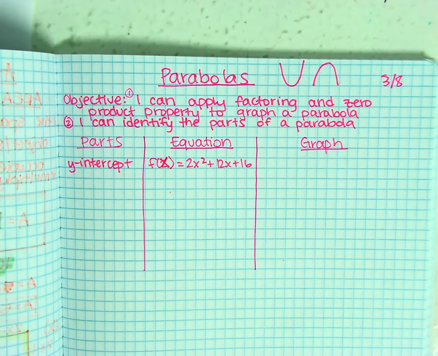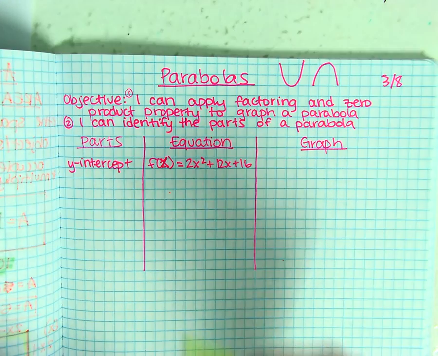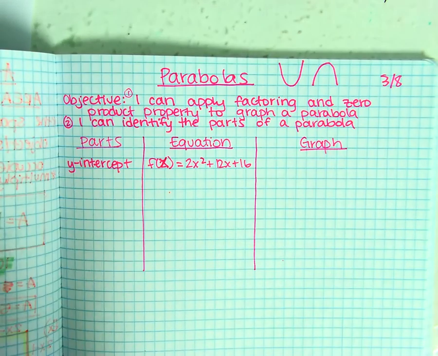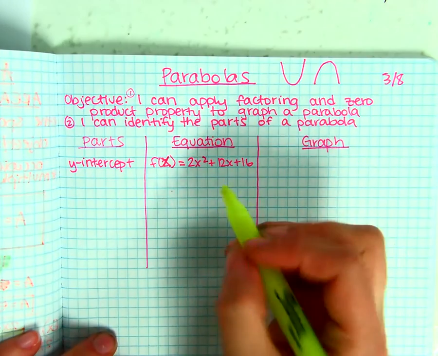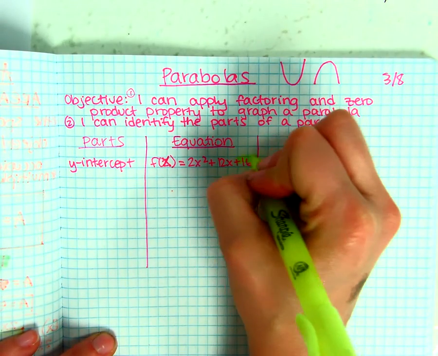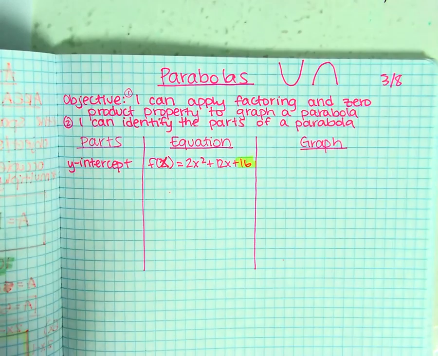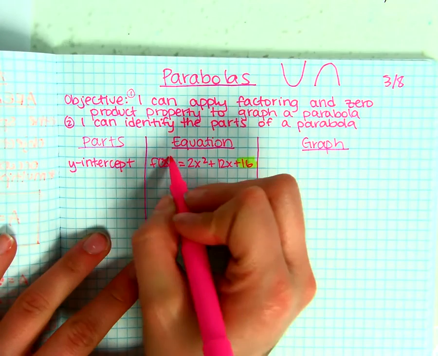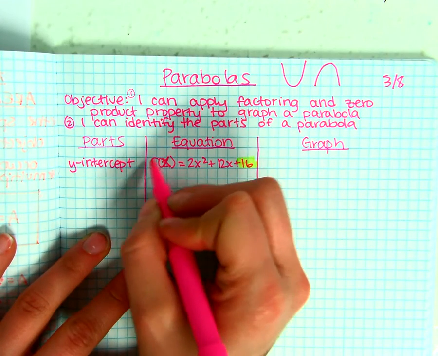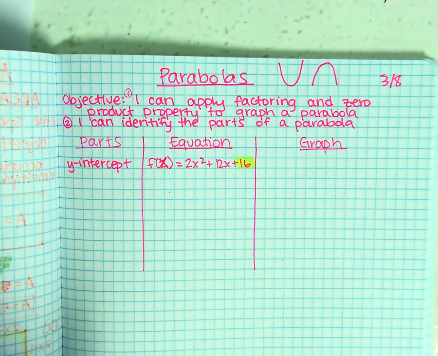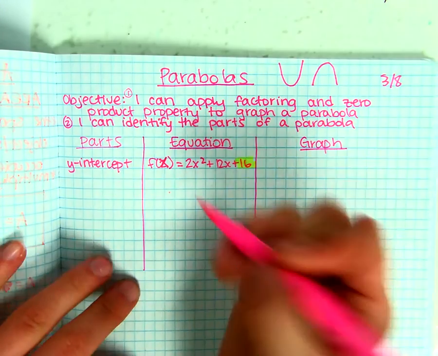In an equation, the y-intercept is just like when we do the y-intercept on a linear, it's the constant at the end. Okay? And the reason that works is because f of x is what we solve for, but it's when x is actually 0.